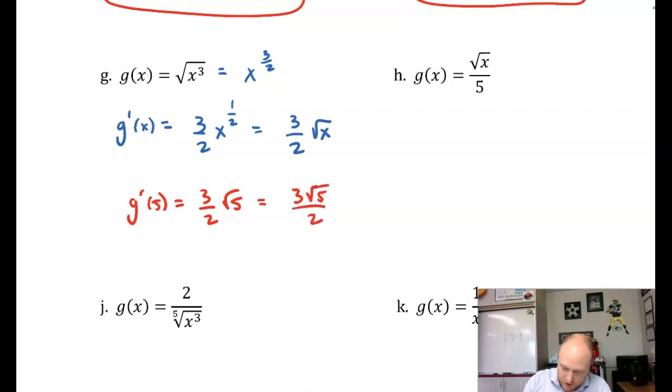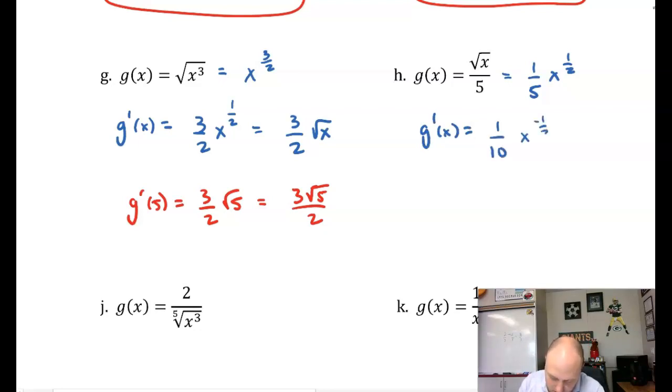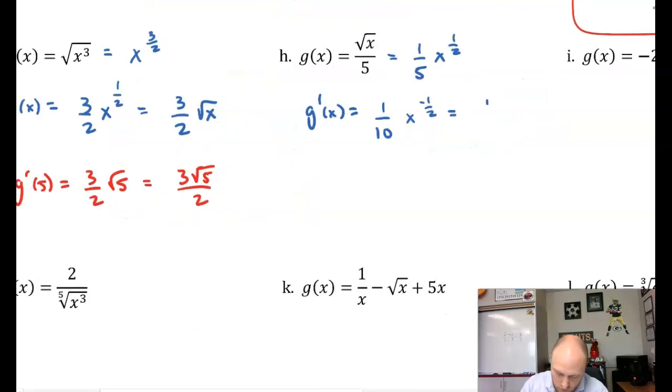And H. This is the same thing as 1/5 x to the power of 1/2. So G prime of x is equal to 1/10 x to the power of -1/2, which gives us 1 over 10 square root of x.